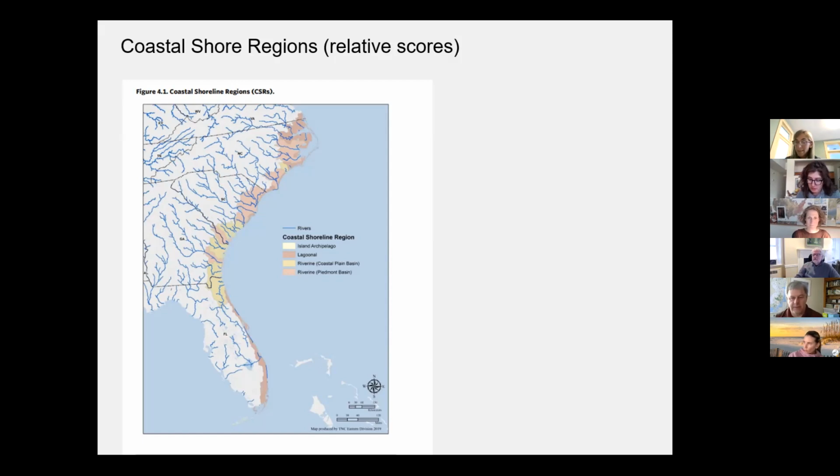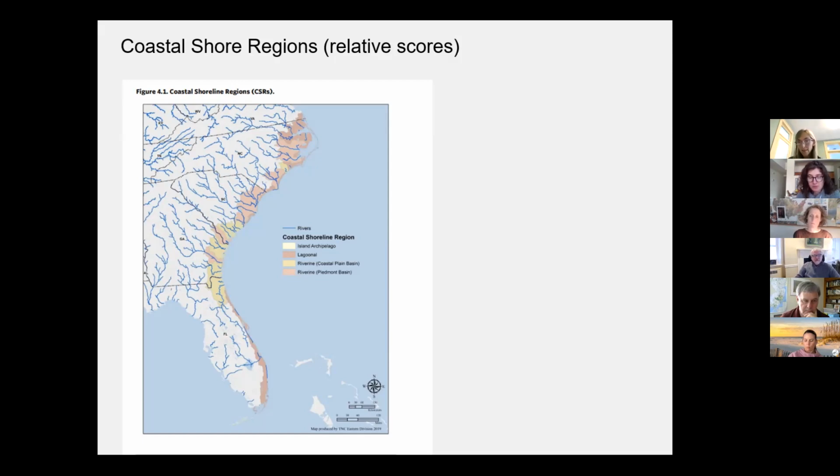We also limited sites to 2 acres, so only sites that were at least 2 acres in size were scored. Then these sites were further divided into coastal shoreline regions. So when we look at the scores on this tool, what we're seeing are scores that are relative to individualized coastal shoreline regions.